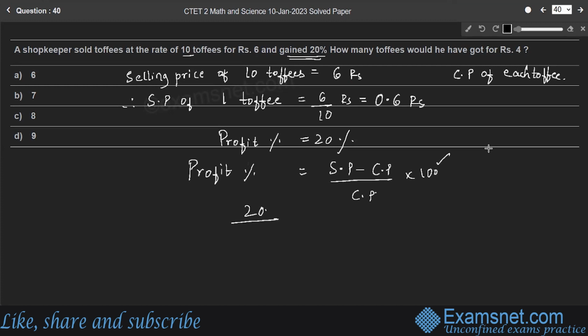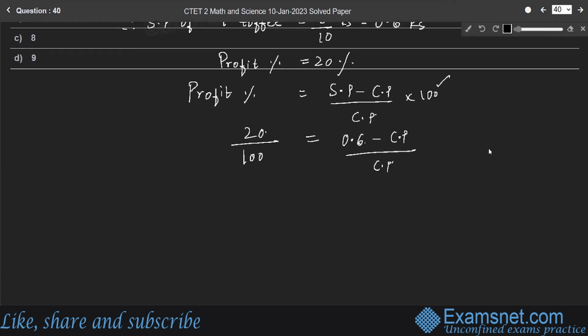Take this 100 to the left hand side, it becomes 20 by 100 is equal to selling price. So selling price of each toffee is 0.6 rupees, right? Minus cost price of each toffee over the cost price, right? Therefore, 20 by 100 becomes 0.2. So take this cost price to the LHS, it becomes 0.2 into cost price is 0.6 minus cost price.